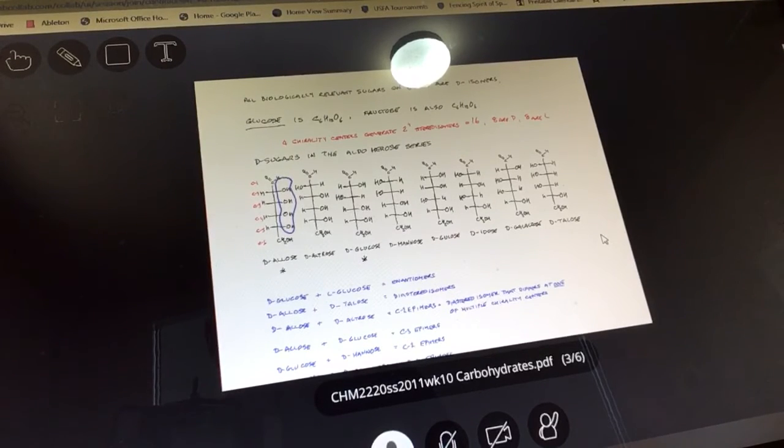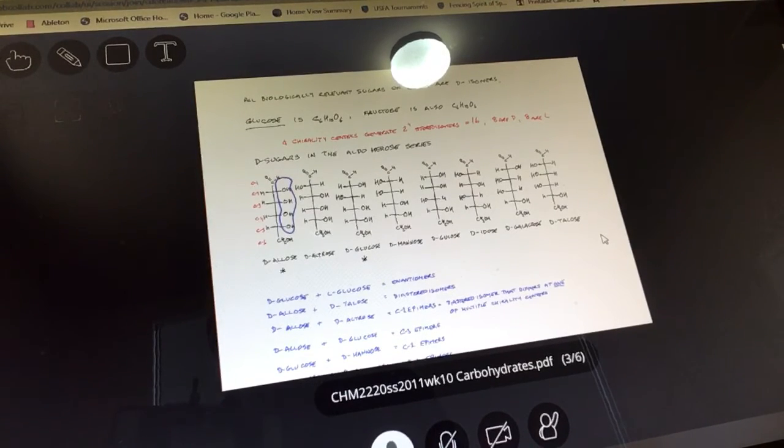And it says that D-glucose and L-glucose are enantiomers. They are mirror images of one another. That's the left and right, where every single alcohol group is the mirror image of the other one.